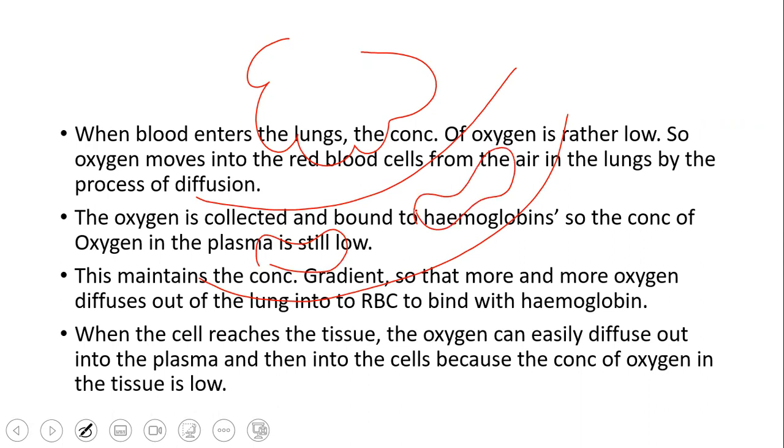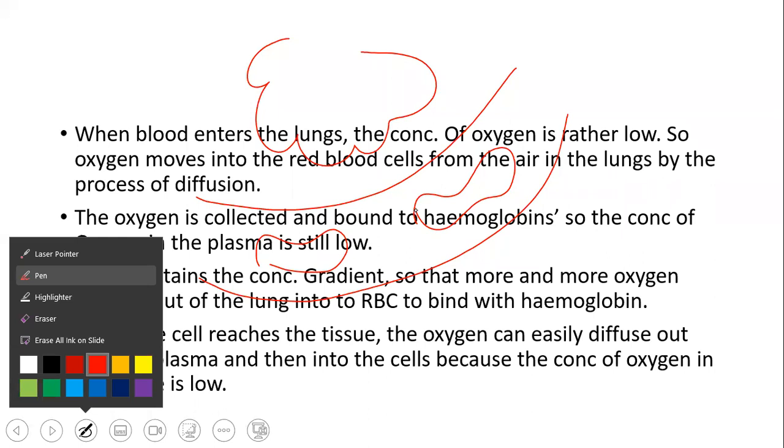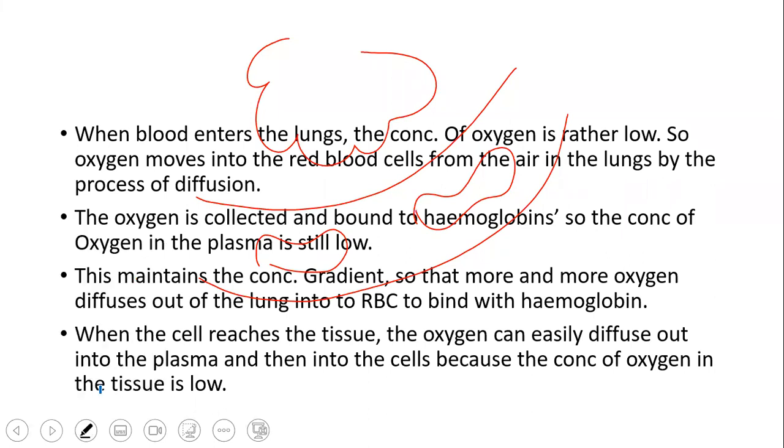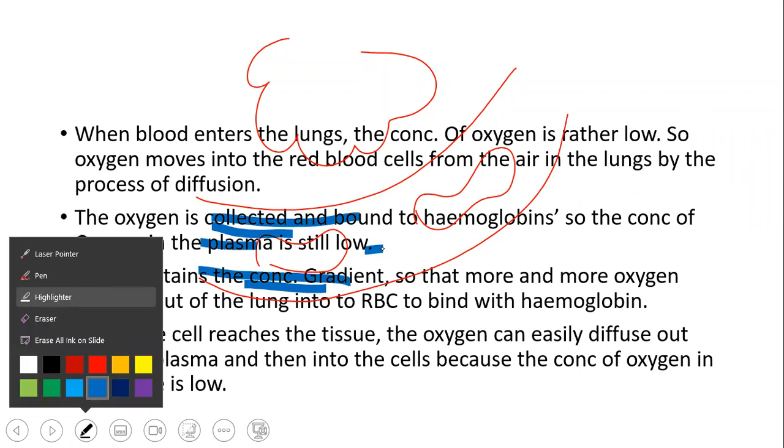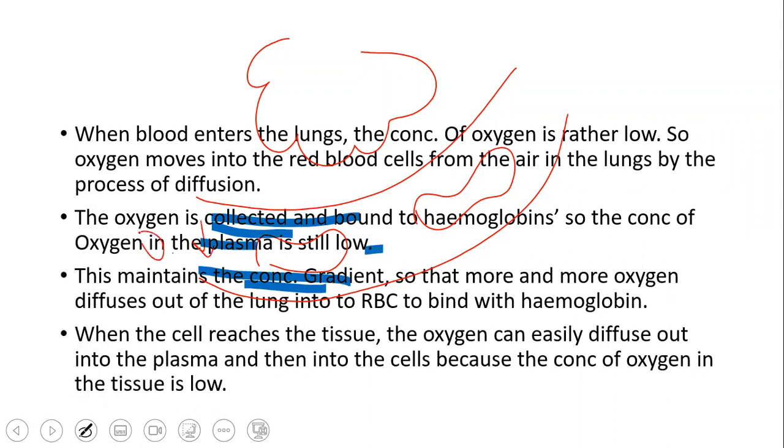When we do the topic of respiration, again, we're going to do this in more detail, but generally what happens is that this is deoxygenated blood. So over here, the concentration of oxygen is going to be low.